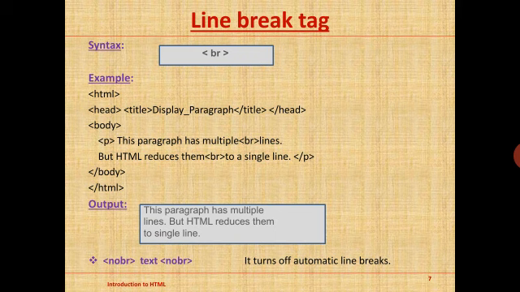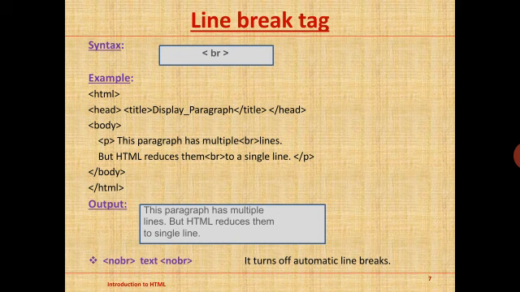The syntax is BR tag. The BR tag does not have any closing tag. The BR tag inserts a single line break. It is useful for writing addresses or poems.